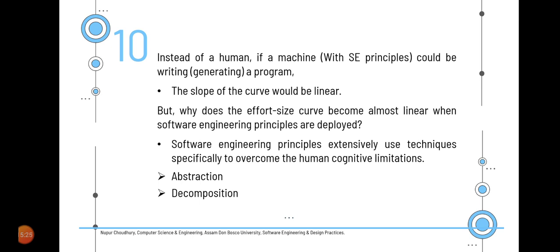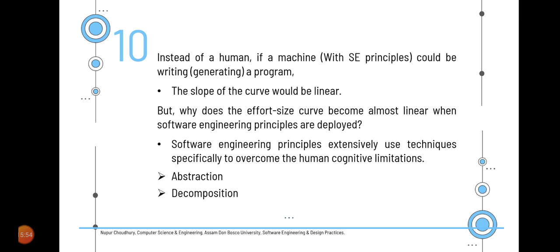Then why does this effort size curve become almost linear when these principles are deployed? It becomes linear and overcomes all the problems of the exploratory style as well as your software engineering principles because it tries to overcome the human cognitive limitations using certain techniques and principles.